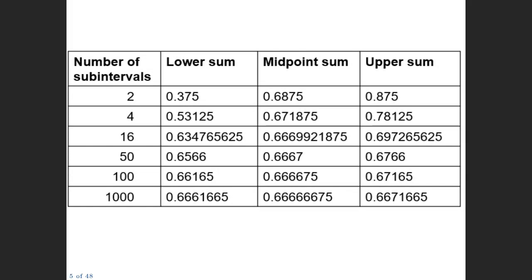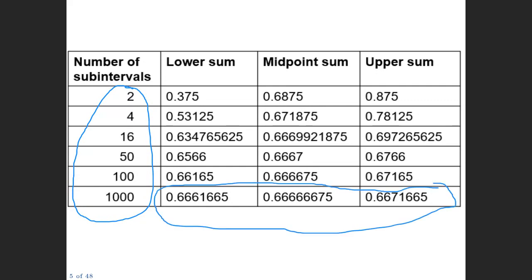As we increase the number of rectangles, 2, 4, 16, etc., this table gives the values of the lower sum, the midpoint sum, and the upper sum. So, for example, if we're using 1,000 rectangles, then it looks like we're getting quite close to 0.6 recurring.